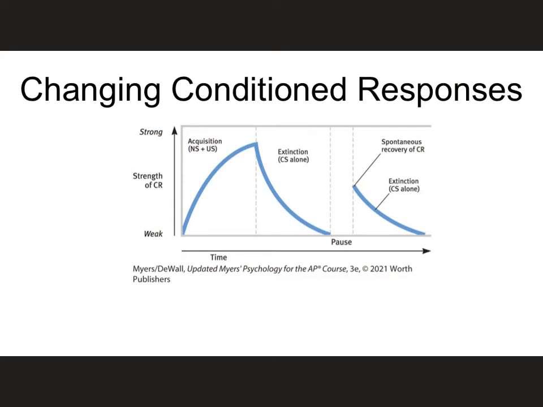So how can you change your conditioned response? Will it last forever? And the answer is no. So once you gain acquisition, right here, right? Acquisition means that you've learned it.